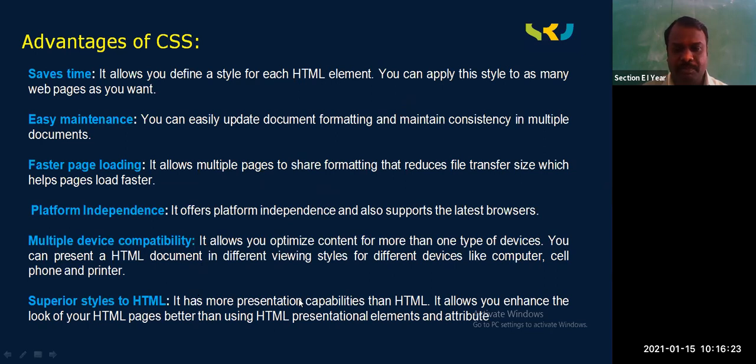The first advantage is that it will save time. When you introduce CSS in HTML, it saves time. Saving time means most of the part we get is reusability. By using this reusability, we save time. What is meant by reusability?